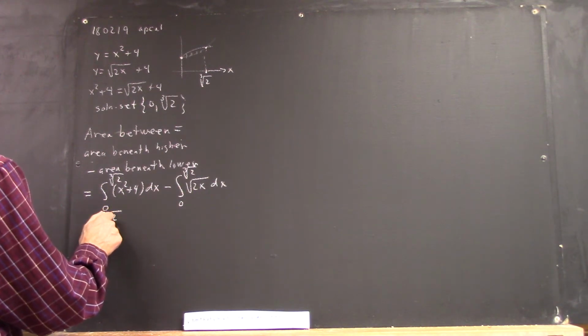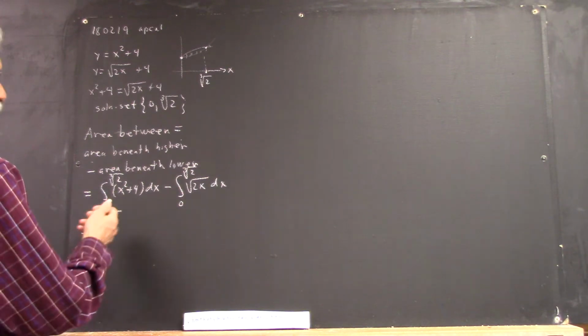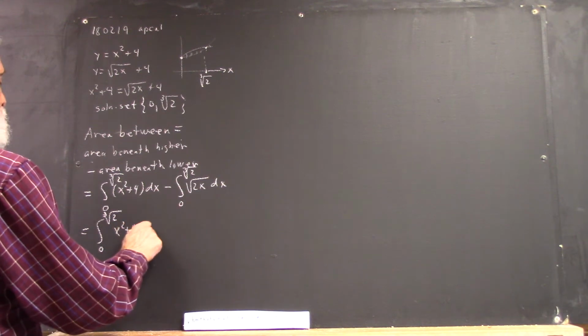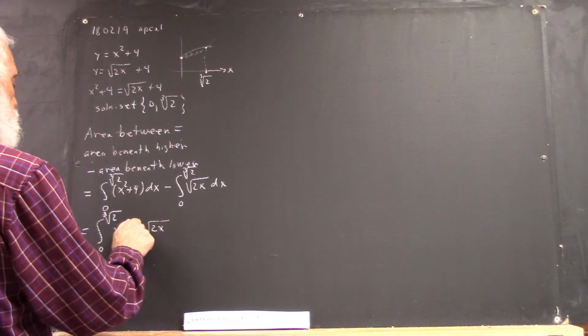It gets hard to read these cube roots, but we know what this is supposed to be. Of x squared plus 4 minus the square root of 2x.